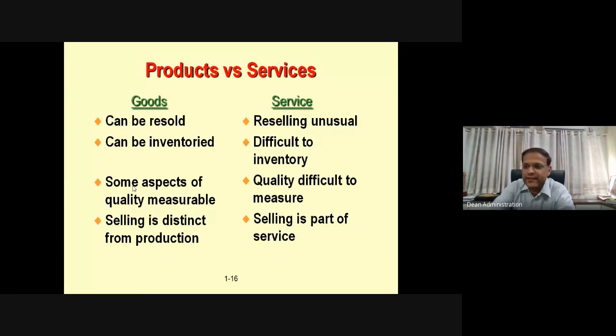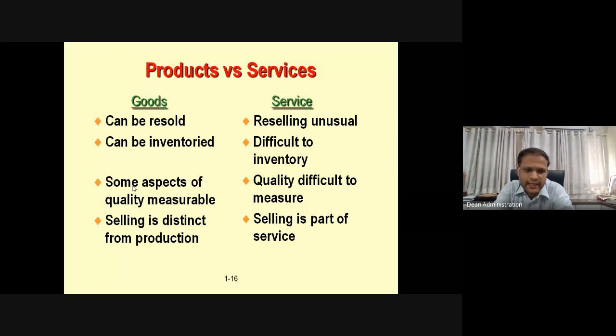What is the main difference between goods and services? Service is not generally tangible. Goods are a physical object generally, and service is intangible, and therefore goods can be resold, while services usually cannot be resold. Goods you can inventory; service is very difficult to inventory.